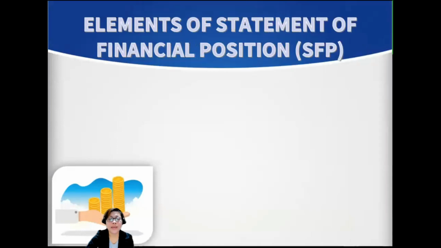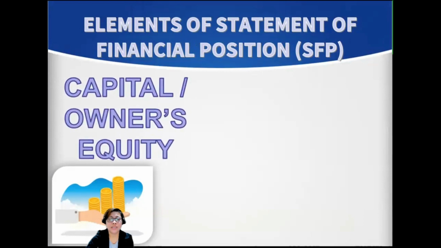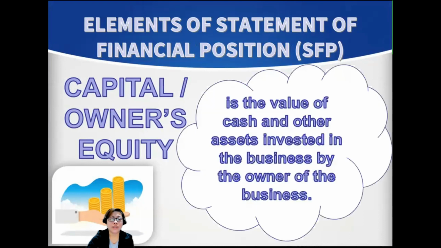The third element of a statement of financial position is the capital or owner's equity. Capital is the value of cash and other assets invested in the business by the owners of the business.